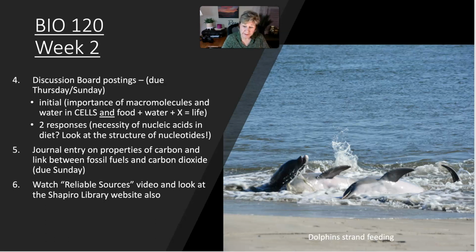Oh, by the way, this is a picture of dolphins strand feeding off the coast of South Carolina where I live. Dolphins work together in a pod or whole group to herd fish in their schools up onto the shore. They force them up onto the shore, and then the dolphins come up and strand on their right sides always and grab fish that they have flung out of the water.